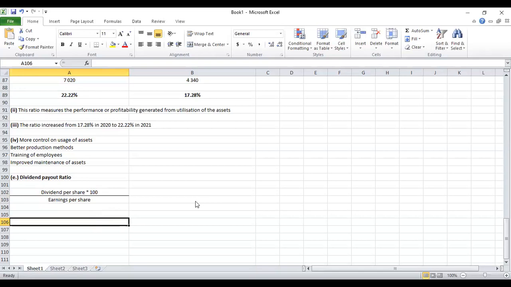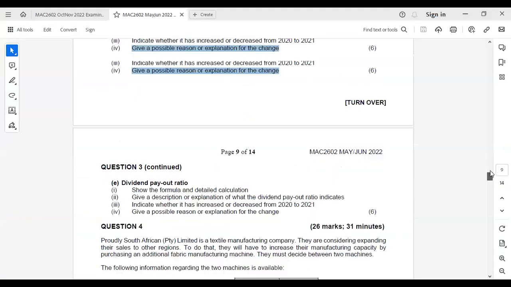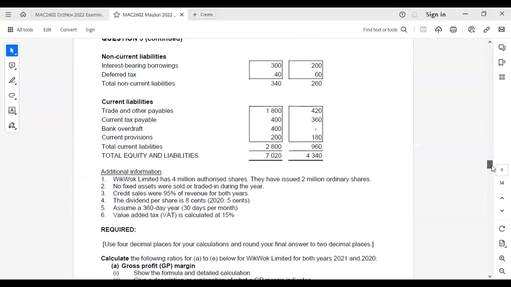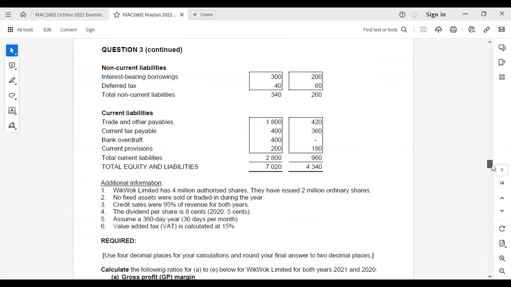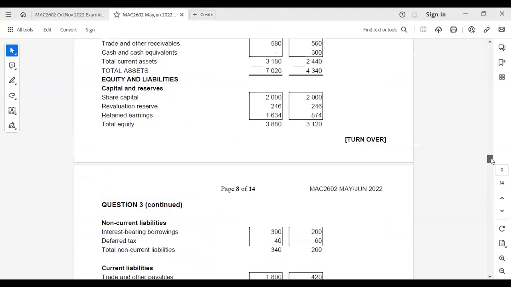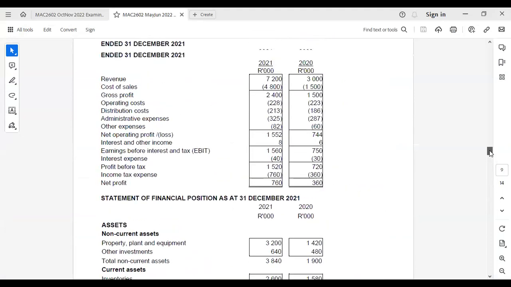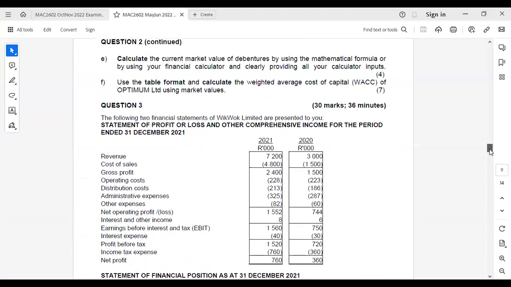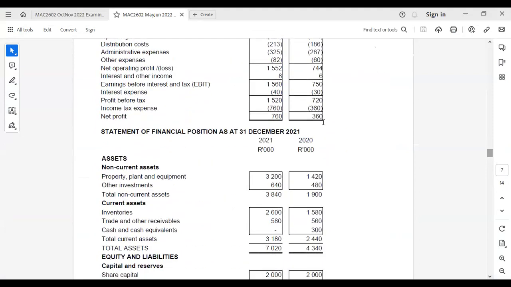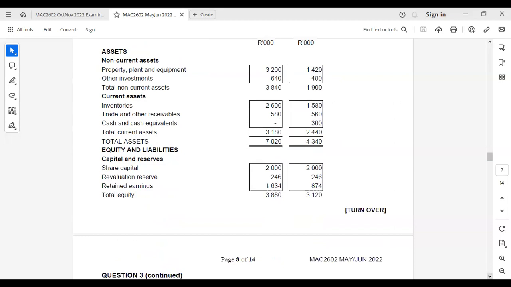Right, now in this question, the net profit, the 760 and the 360, those are our earnings. So we need to know the dividends.